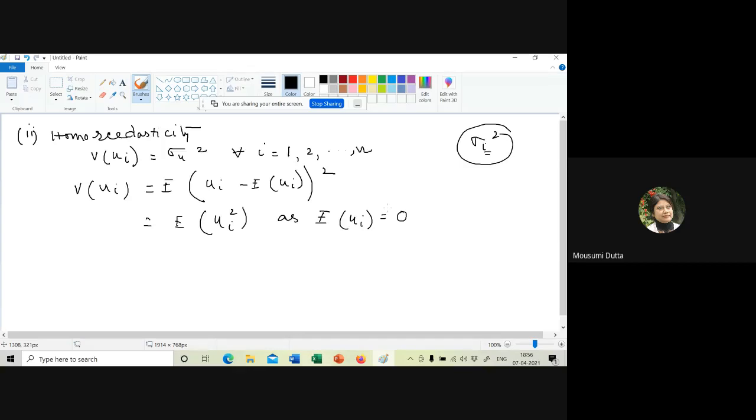So variance of UI in our model is given by expectation of UI square. And this expectation of UI square, by the assumption of homoscedasticity, we are considering to be a constant for all I equal to 1 to n. Any question? Are you understanding the assumption of homoscedasticity?